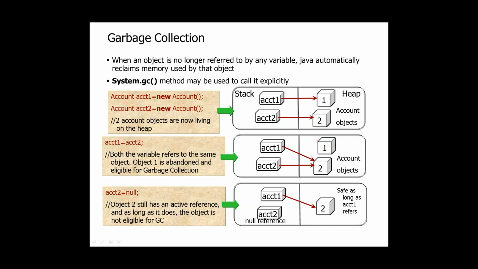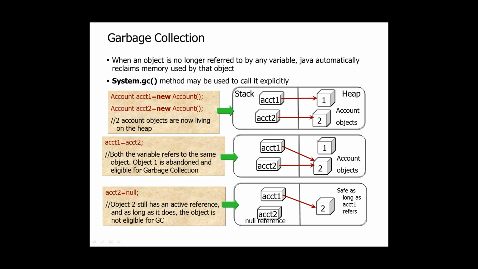This feature checks at regular intervals for unreferenced objects, objects which are not having any reference, and it clears those objects at runtime. All right. So this happens automatically in Java. We don't have to do anything for calling the garbage collection. When an object is not referred by any variable, Java automatically reclaims memory used by that object. It simply calls the garbage collector.